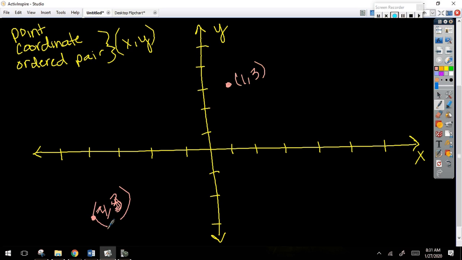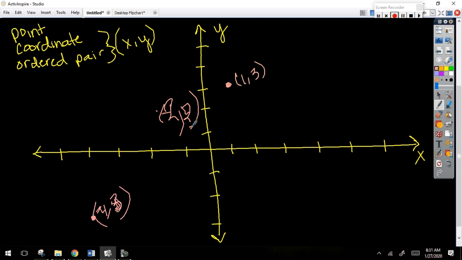Perfect. All right, give them another one. (-2, 2). You just gotta go slow with it because it's running through 2 software programs whenever you write on the board. There you go. (-2, 2). Good job.